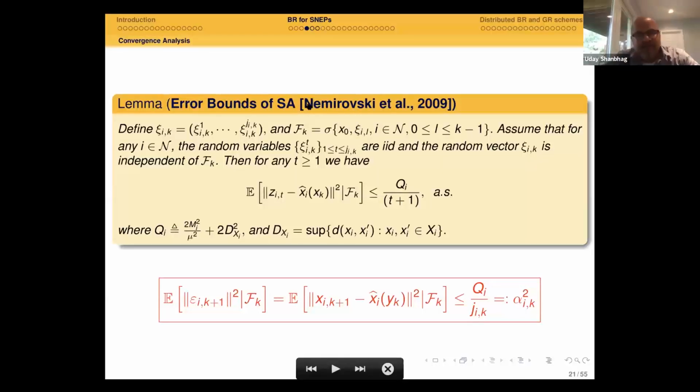I apologize, the reference I gave earlier was off. What this is giving you is the rate of convergence in terms of mean squared error. It tells us that if I want the conditional second moment to be at this rate, that is alpha squared ik, and I'm going to tell you what I require on alpha squared ik, that in turn will tell me what j sub ik is, which tells me how many inner steps I need.